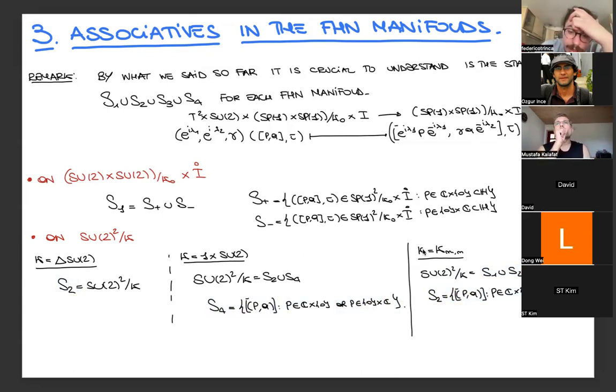And finally, the non-trivial part is the one involving kappa Mn. And in this case, we split into an S1 part and an S2 part.